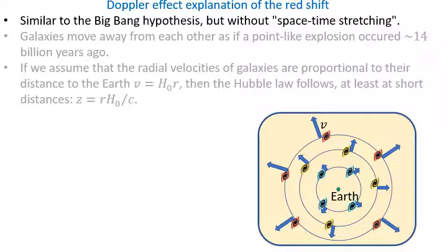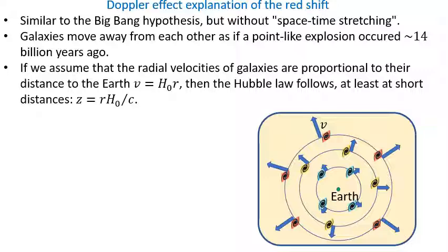The best theory is based on the Doppler effect. It is somewhat similar to the Big Bang hypothesis, but without the space-time stretching. According to this explanation, galaxies move away from each other and from us on Earth. According to Doppler, the light emitted by a receding object shifts to the red side of spectrum.